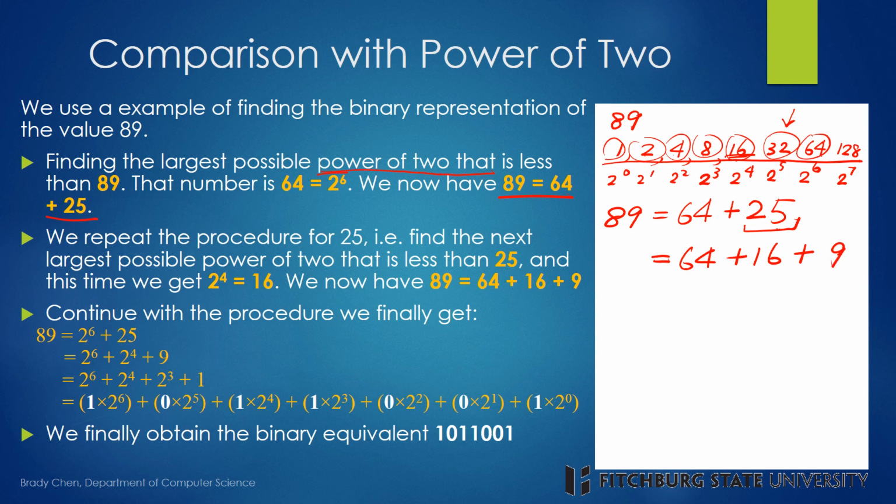And then we repeat the same process. So we have 64 plus 16 plus, now we find the largest possible power of 2 that is less than 9. Which is 8, right? So we can write 9 as 8 plus 1.